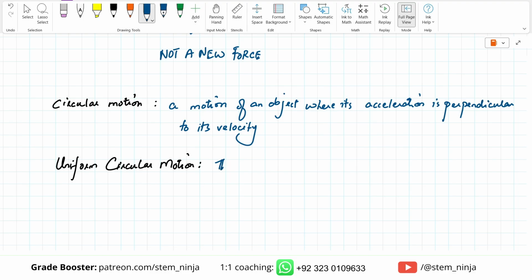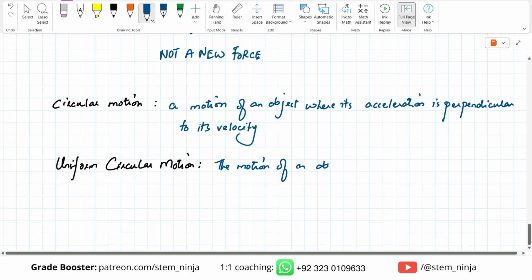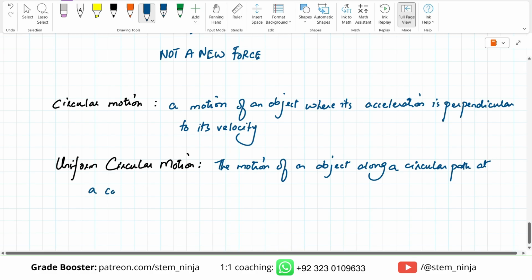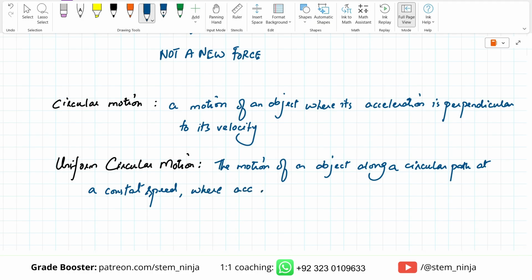So the motion of an object along a circular path at constant speed where the acceleration is perpendicular to its velocity. That's it.